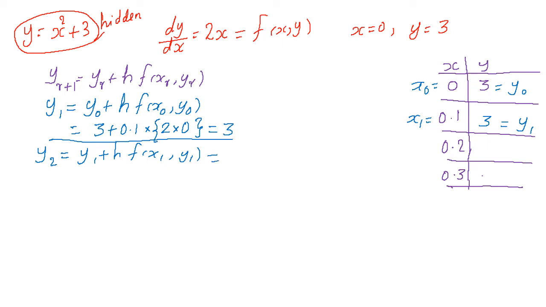My y1 is 3 and h is 0.1. So 0.1 into 2x is my f of xy. So 2 into my present x value, which is 0.1, that is x1. 2 into 0.1 is 0.2. When you multiply 0.2 with 0.1, you get 0.02. Then 3 plus 0.02 is 3.02.